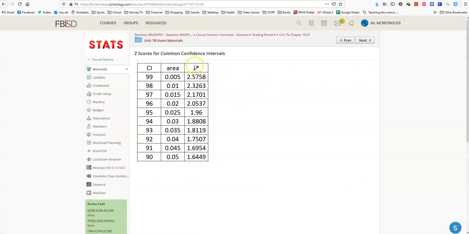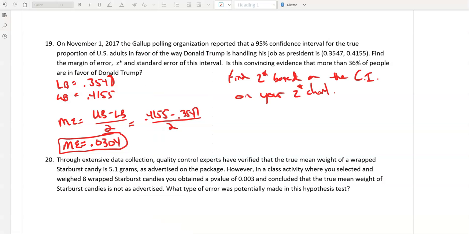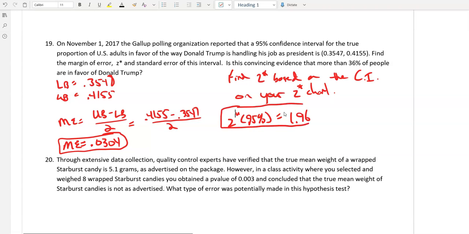And so yeah, you'll probably remember this chart. This is what it looks like right here. And for a 95% confidence interval, the Z star is 1.96. Because remember, in the problem they said 95%. So the Z star at 95% is equal to 1.96. So there's my Z star at 1.96.